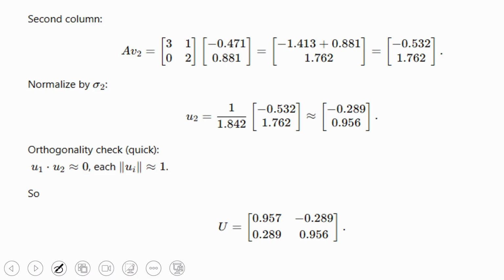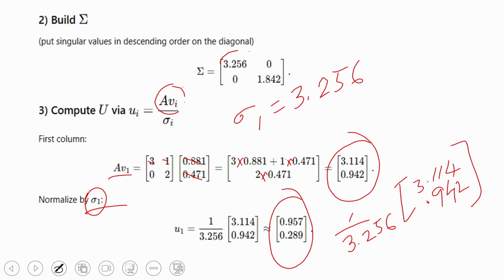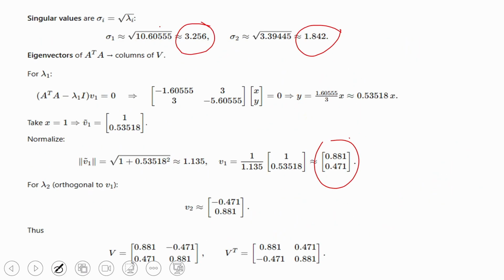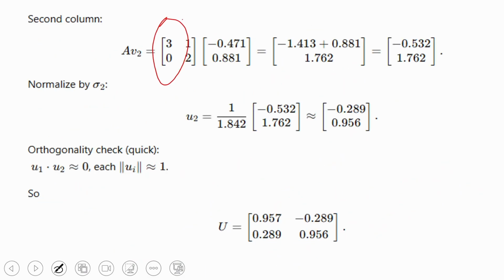Similarly, you have to find the second column of U, that is AV2. A is this matrix, given in the question. And V2, we already found: minus 0.471, 0.881. This is V2. Multiplying this, ordinary multiplication, 3 into this and 1 into this one, you will get this matrix.